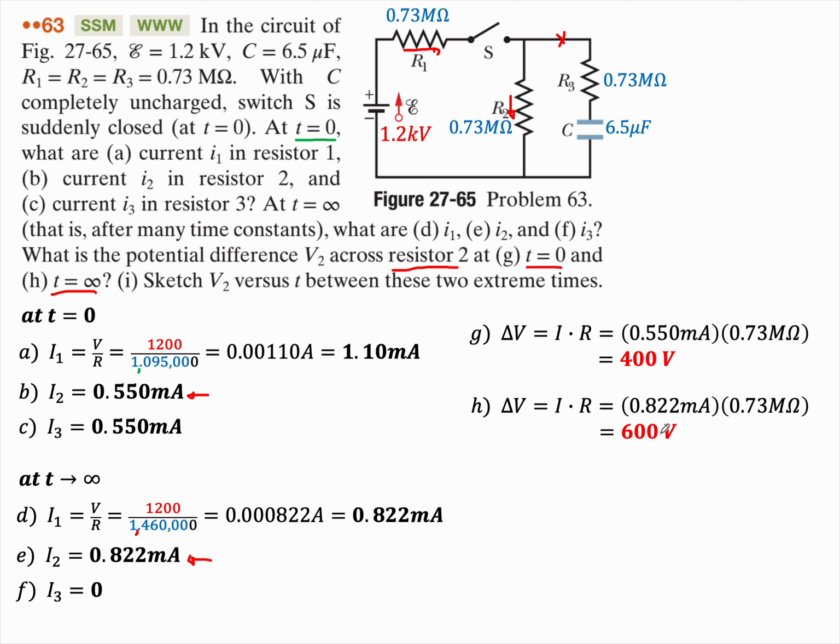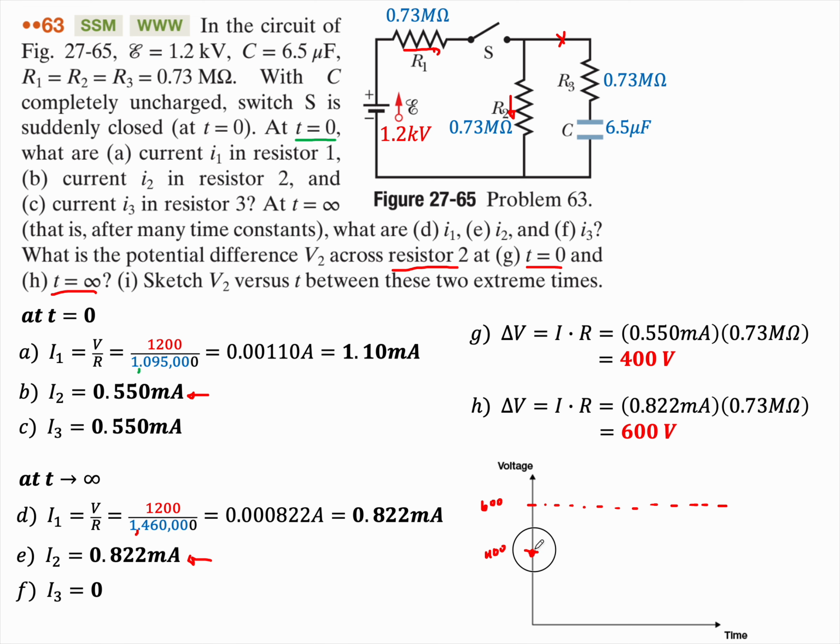Finally, sketch V2 versus time between these two extreme times. So here's our graph, and I'm going to put 400 right here, and 600 up here. And what's going to happen? Well, we know that our graph is going to start out at 400, and it's going to approach 600 asymptotically as time approaches infinity.